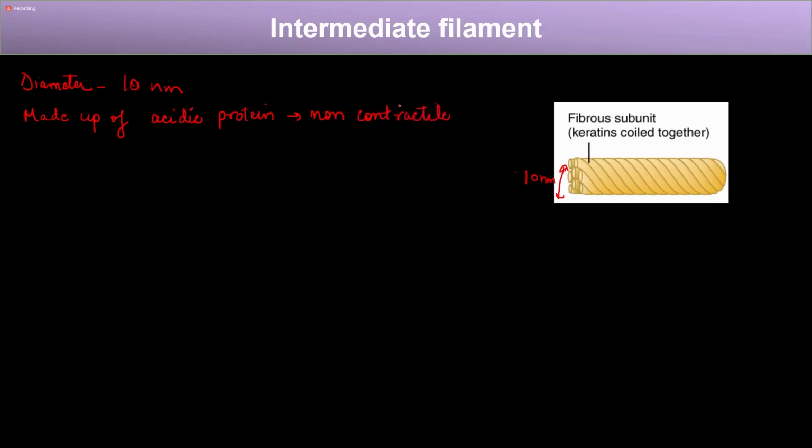These intermediate filaments are present all over the cell, but they are mainly found around the nucleus.